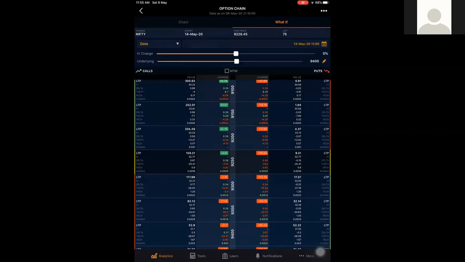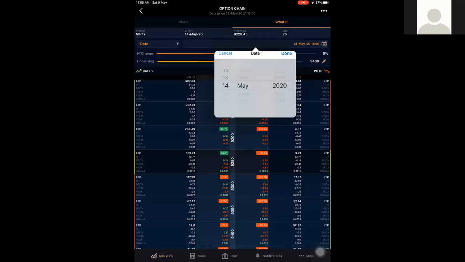It is 118 because now I'm on the expiry day. So the intrinsic value is 100 and extrinsic value is 18 rupees. Still, it has some amount of extrinsic value with it because we are at 11 a.m.